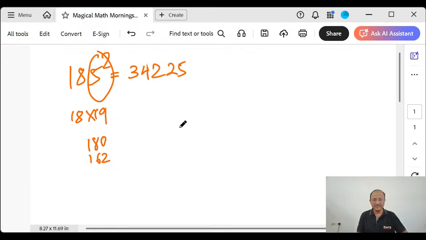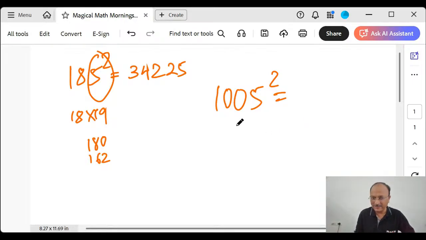Okay, and this finding of squares, let's find the last number, one big number. Let's find 1005 square. Let's find out, and then we'll wind up today's session. Type the answer.